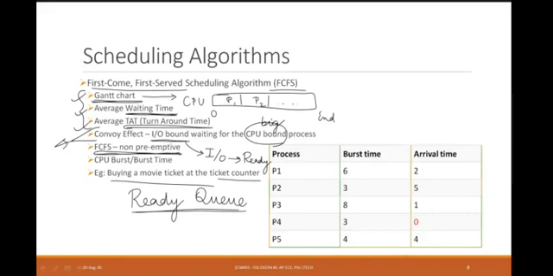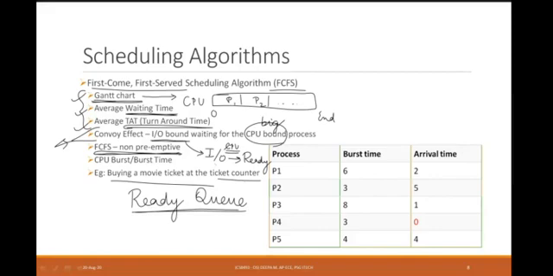These IO bound processes will occupy only a small amount of time in your CPU. That is the meaning of IO bound processes: the processes which spend more time utilizing the IO resources and very little time in the CPU are called IO bound processes. Whereas a CPU bound process utilizes more time in your CPU when compared to IO processes.